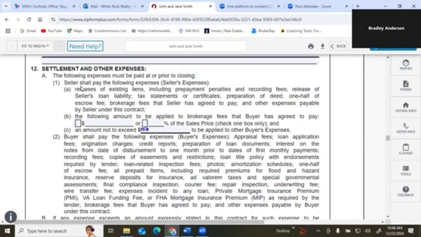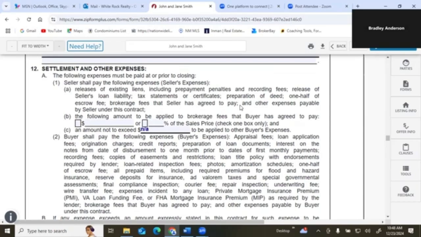So that's going to be liens on the property, any prepayment penalties, recording fees, anything that is typical to a seller's fee. But then it comes down here to say also brokerage fees the seller has agreed to pay. They should have put in here in a separate agreement. What's the separate agreement? The listing agreement.